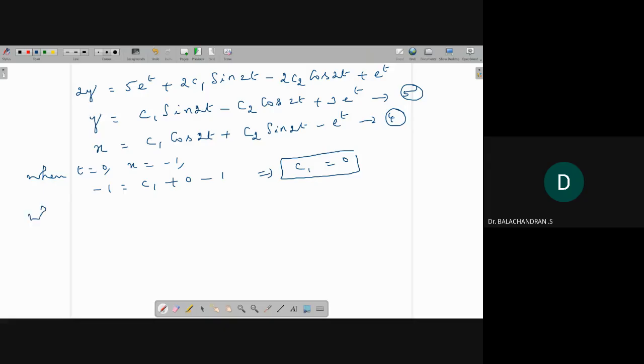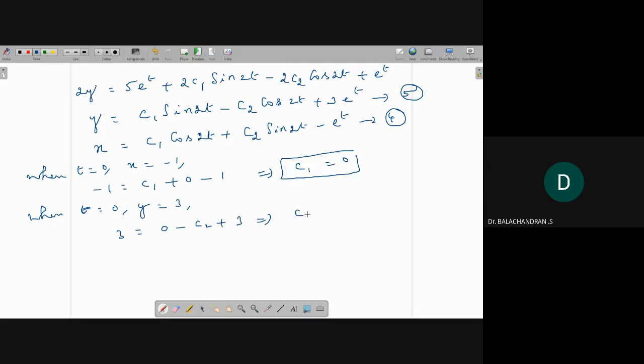Now when t equal to 0, y equal to 3. So from equation 5, 3 equal to c1 sin 0, which is 0, minus c2 cos 0, which is 1, plus e power 0 is 1, so plus 3.